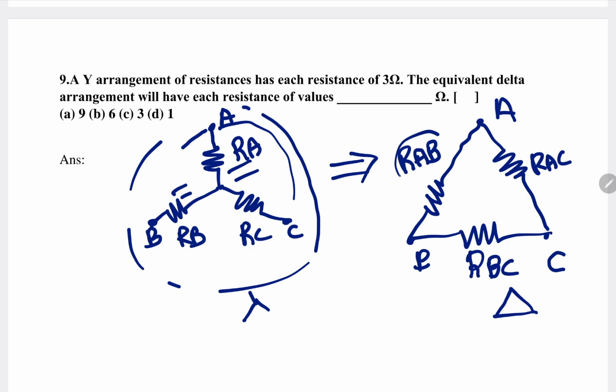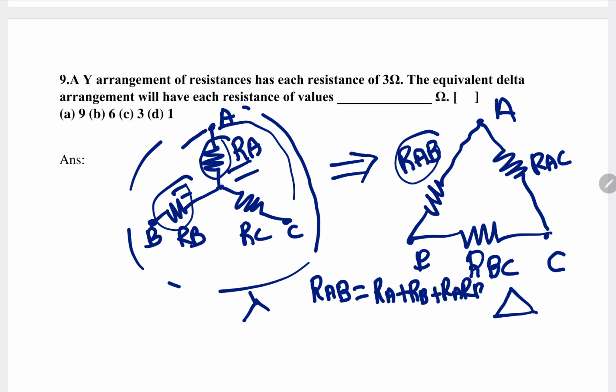Then what is the formula for RAB? Very simple. RAB is a resultant of RA and RB. So RAB is equal to RA plus RB plus RA into RB divided by RC. So this is the formula. Similarly RAC is equal to RA plus RC plus RA into RC divided by RB. In this manner we convert a star network into a delta network.